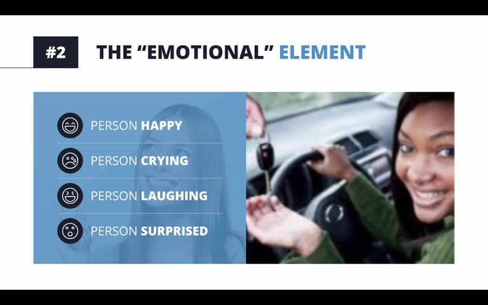Okay. The next element that can make an image stand out is something called the emotional element. People are typically subconsciously influenced by the emotion of the people in the ad. So if a person's really happy or crying or laughing or surprised, this really influences the subconscious way that people interpret and really influence whether or not they take action on the ad.